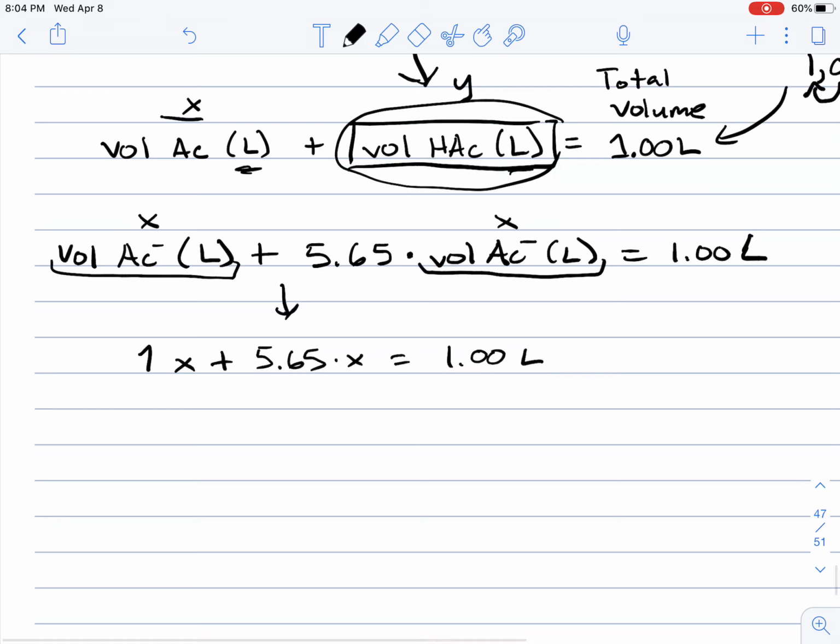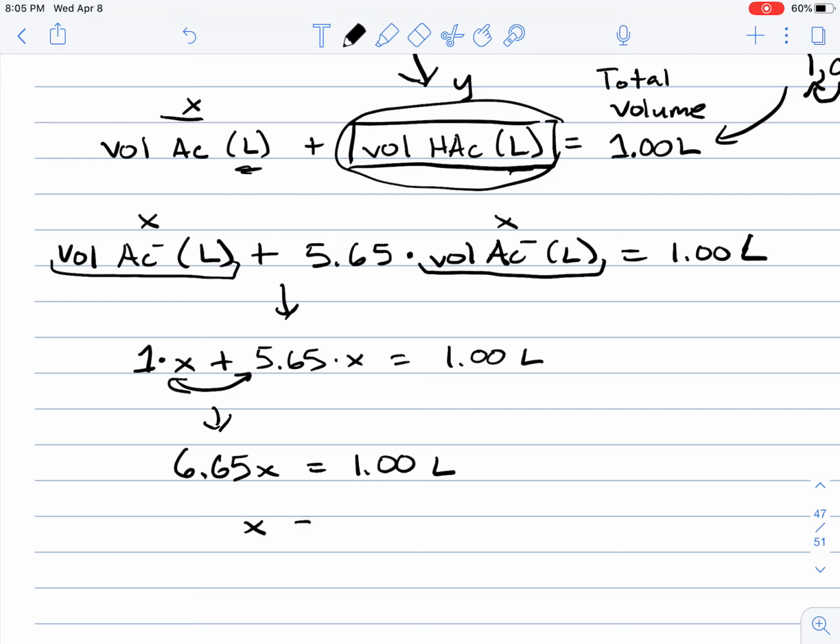If I write my invisible 1 in front of that X, I can add these two values. So that's going to give me 6.65 X is equal to 1.00 liter.